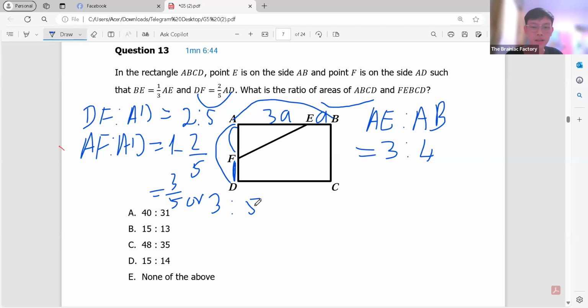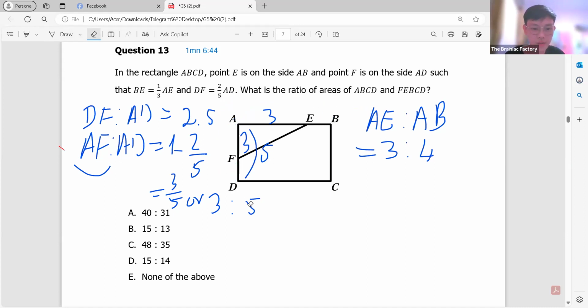So let's assume that it is exactly the value of each part. AF, let's assume it is 3, AD, the whole, we'll assume it is 5, and AB is 4.